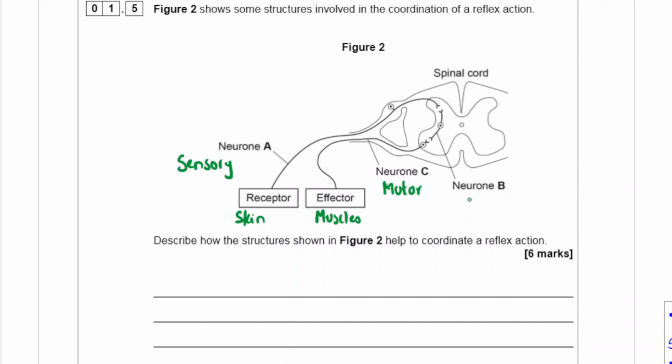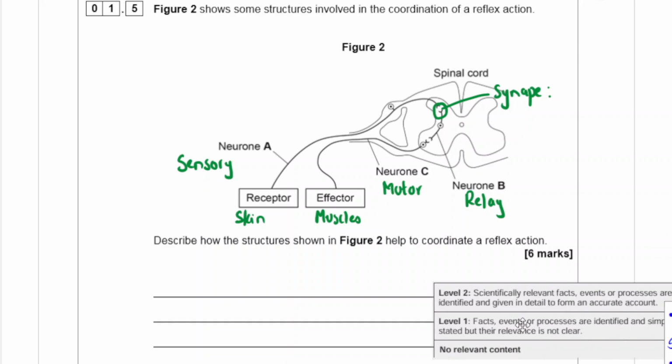Neuron B is the relay neuron, and this gap over here is called the synapse, which has the neurotransmitter molecules going from one end to the other. So being able to label the neurons should actually give you at least 1 mark or more.